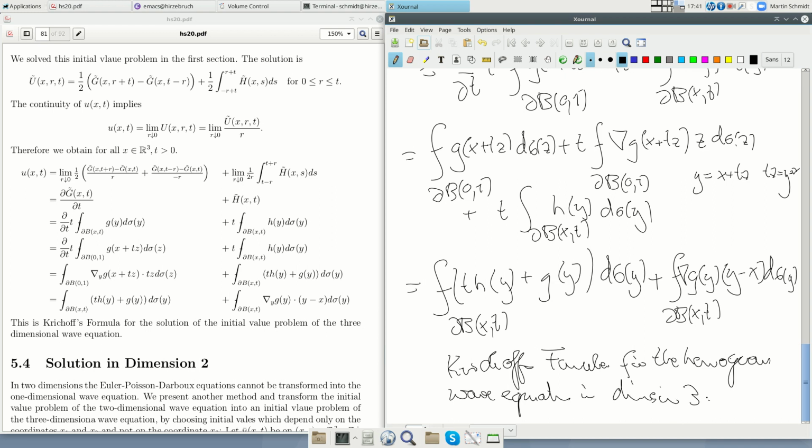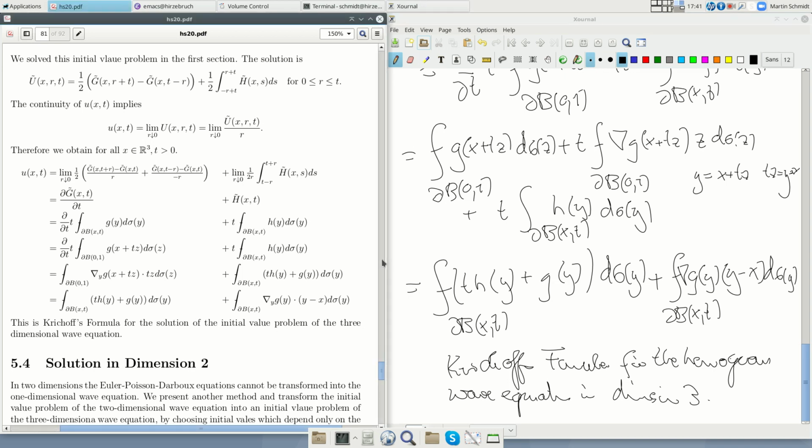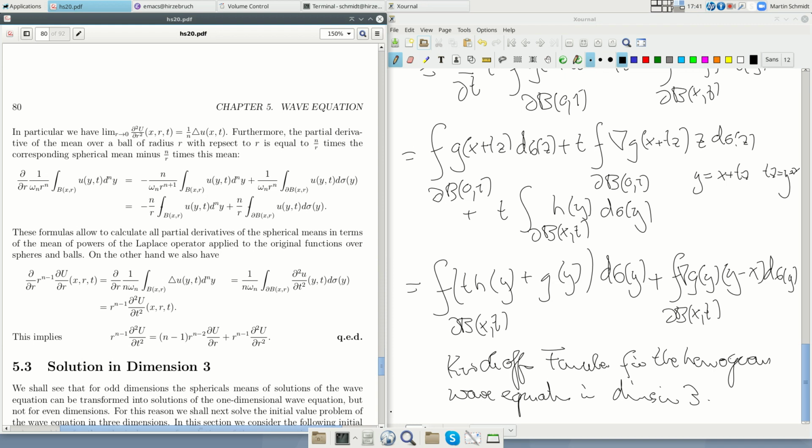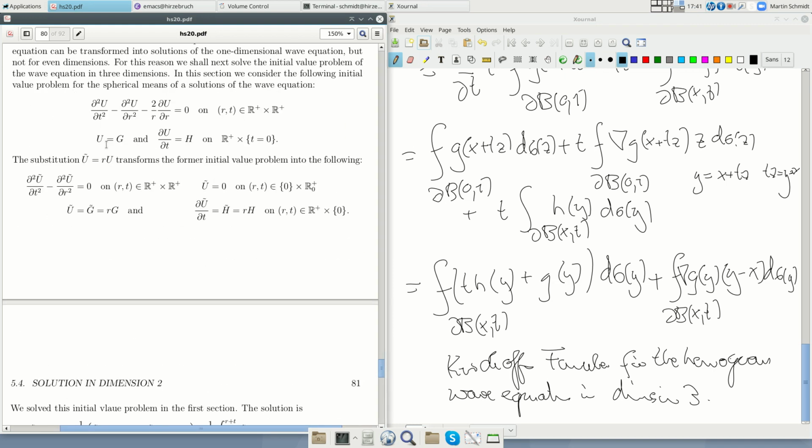What we did today, we considered the special case of dimension 3. We made a simple transformation just by multiplying our functions and initial values, also the spherical means, with r, and then we see this transforms it just to the one-dimensional wave equation.